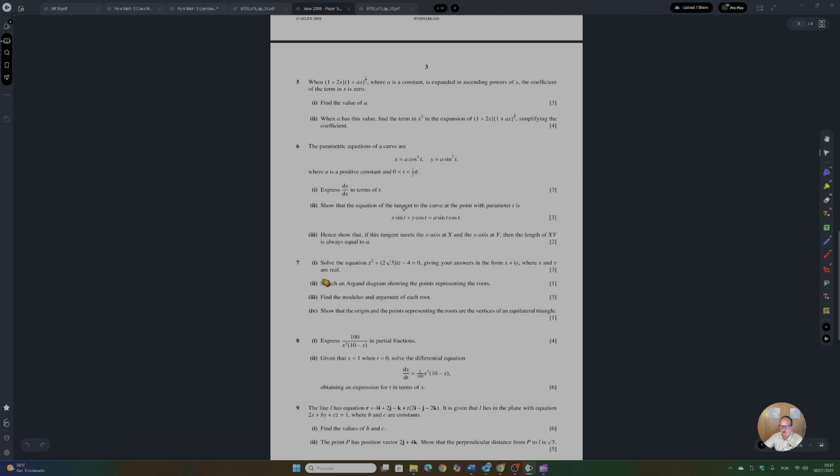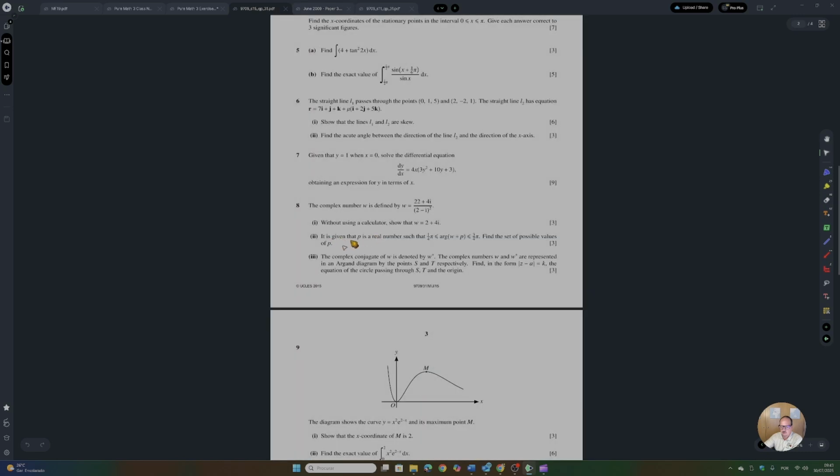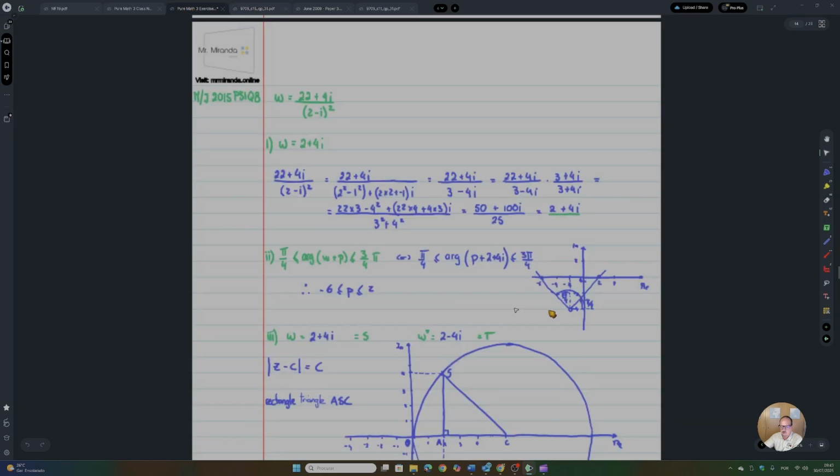And now pay attention to one very important detail. It says here that this is not the one. It is given that p is a real number. So if it is a real number, it shall be on the real axis. So the points that you want are these, and you can get this with the Argand diagram, all right? Why?